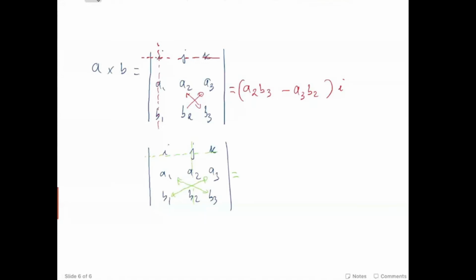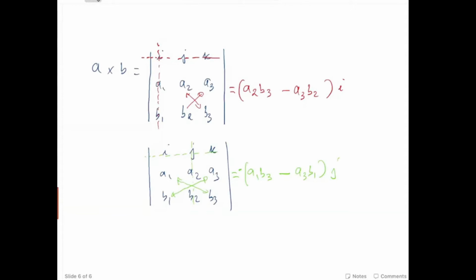In that case, the component of J will be minus, because it's the second element, A1 B3 minus A3 B1 J.